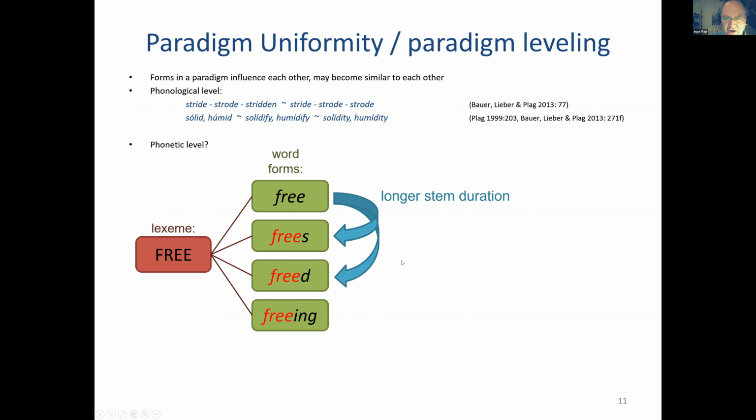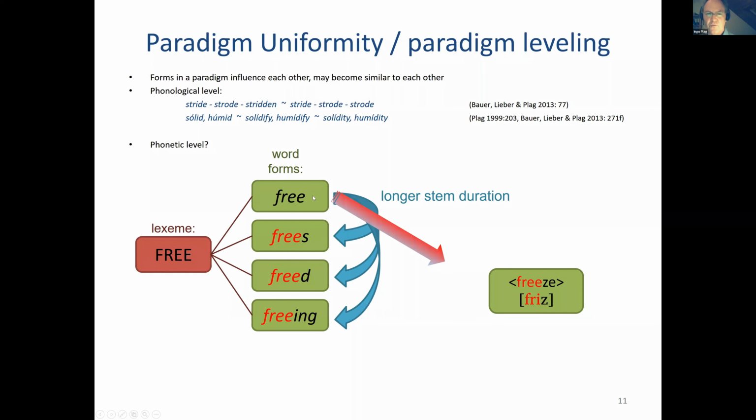It will be longer also in freed and in freeing than it would be if compared to the word freeze as a monosyllabic homophone. So in other words, due to the influence of free inside the paradigm, due to its articulatory plan, which is longer than usual, so to speak, it will influence the other words in the paradigm, but it will not influence the homophone freeze, which is homophonous to the third person singular form.